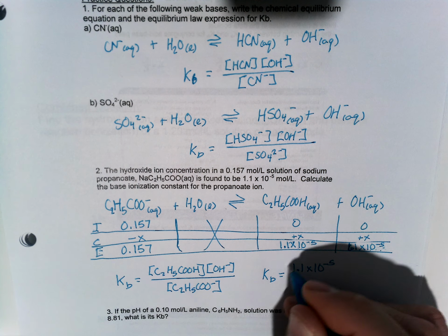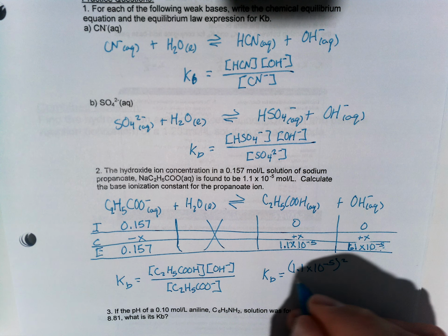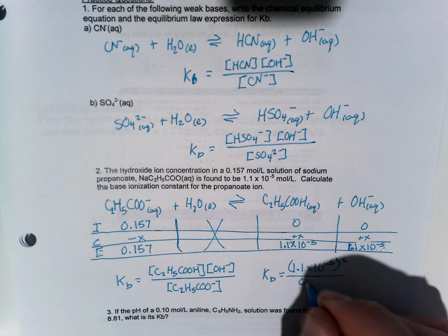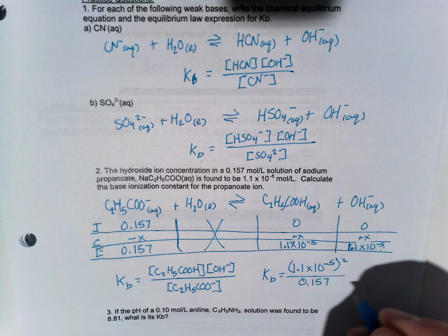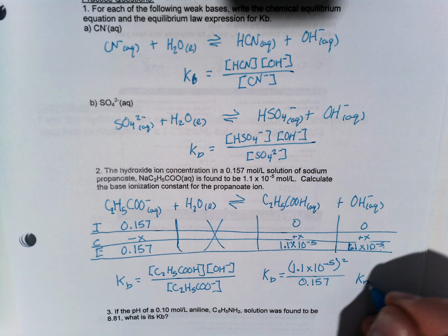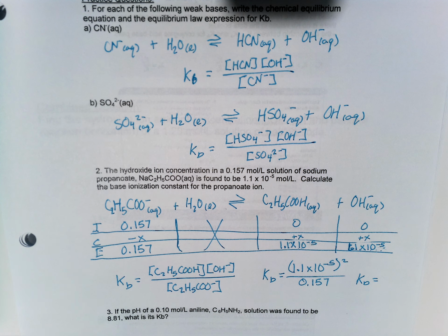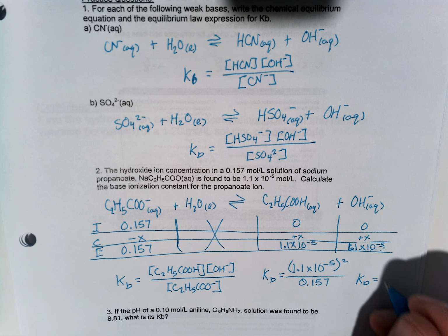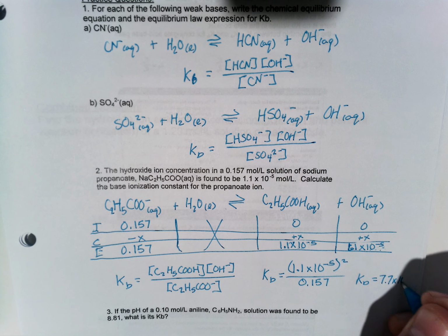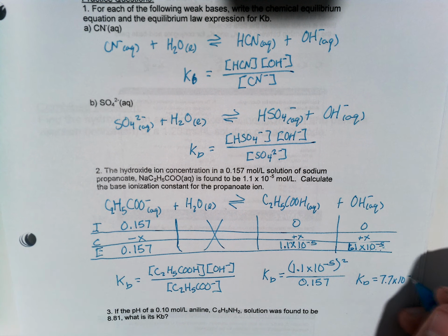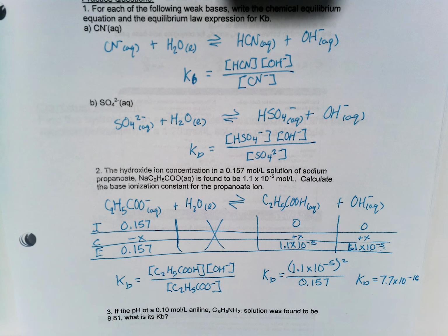Both these numbers are the same, so I'm just going to square it and then divide by 0.157. Okay, and we get our Kb is equal to 7.7 times 10 to the minus 10. Okay, that will be our Kb.